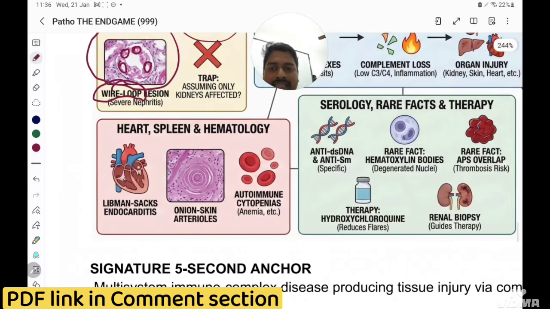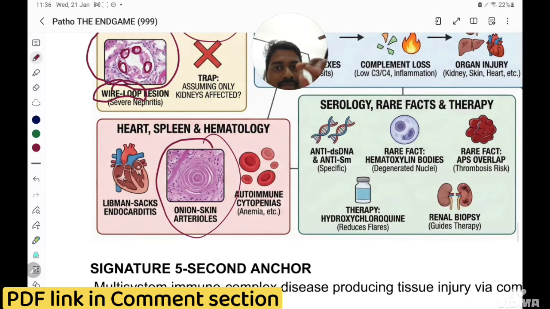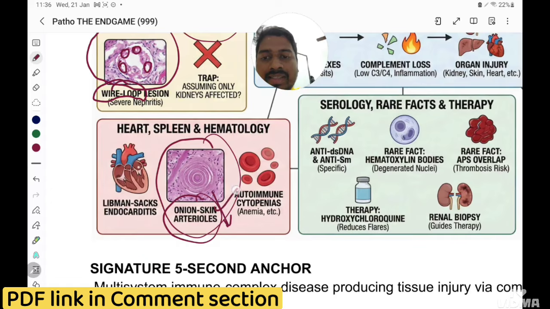We have some extra things. In the spleen, the arterioles will start degenerating. There will be fibrinoid necrosis, and it will cause an onion skin appearance of the spleen arterioles. And in heart valves, there will be deposition.